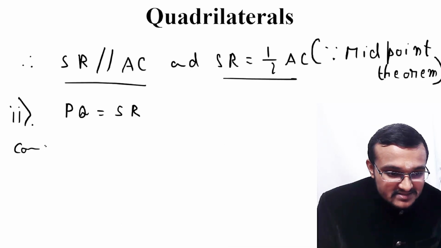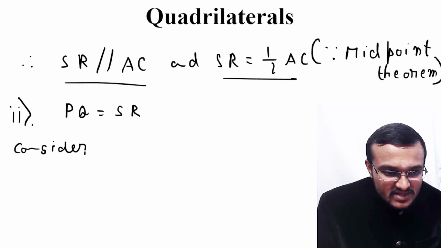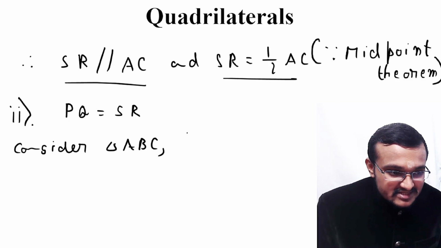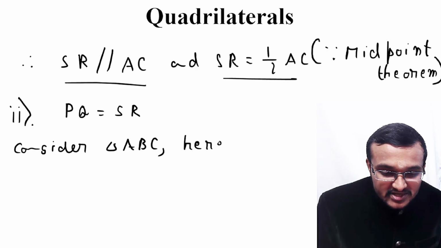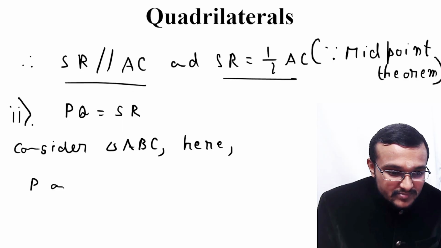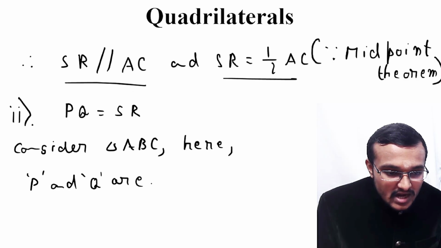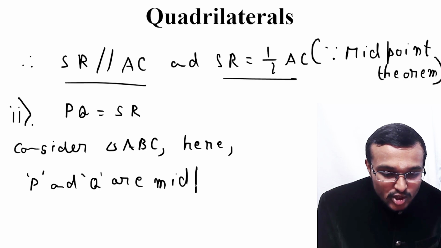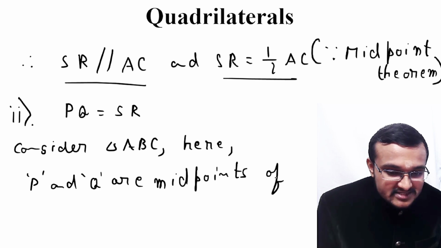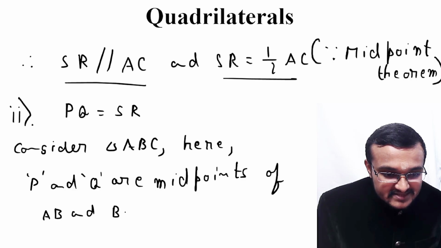In triangle ABC, P and Q are midpoints of AB and BC.